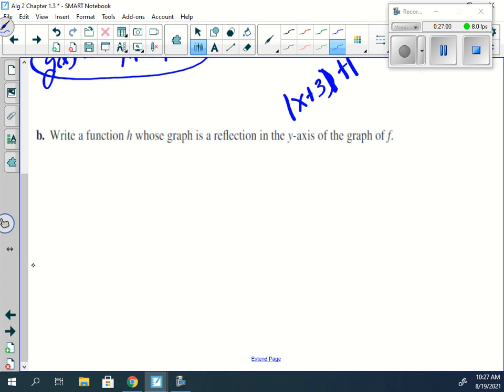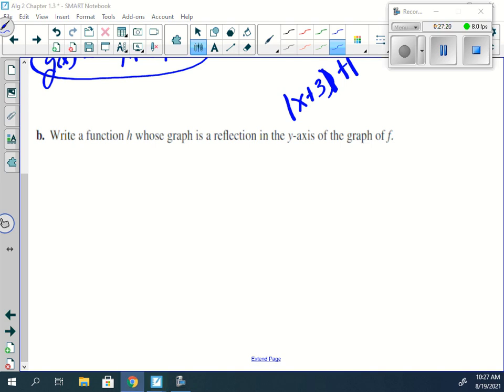Again, I'm just writing that down so I have it there for quick reference. If there are no questions on that, we'll look at B. So B wants us to write a function h whose graph is a reflection in the y-axis.